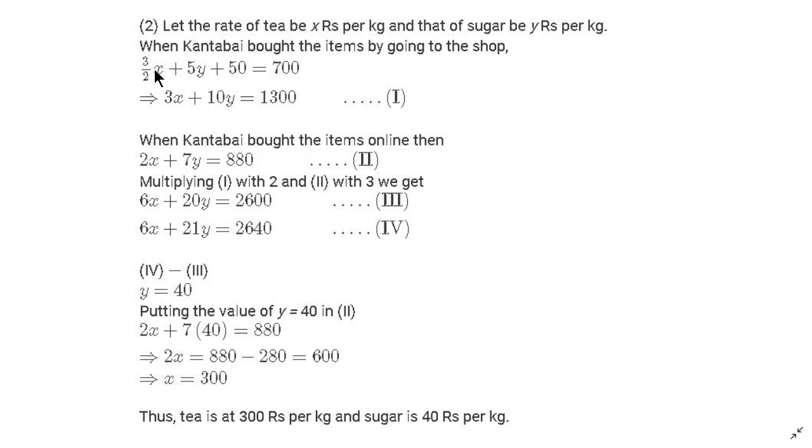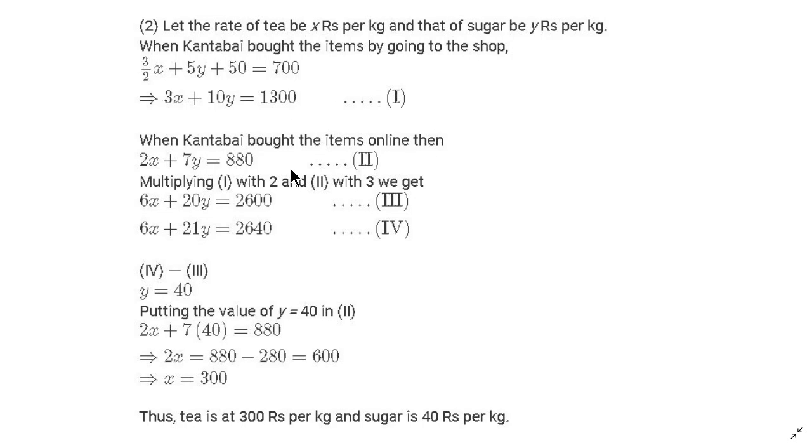This one is for tea, this one is for sugar, this one is for the rickshaw, and the total bill was 700. Now we can simplify by multiplying by 2. We get 3x plus 10y, and 50 is subtracted from 700, so 650 into 2 is 1300. So this is the equation we got from condition number 1, month number 1.